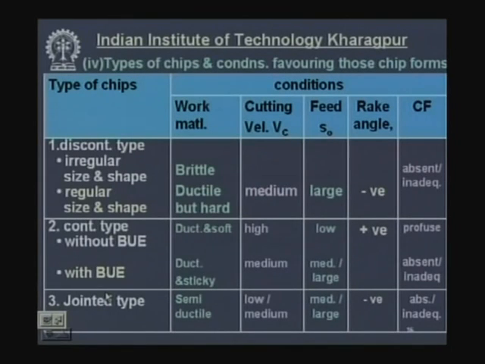Now, you see the types of chips: there are different types of chips formed under different conditions. As I told you, the form and color of the chip is a good indication, directly or indirectly, of whether the machining that is going on is favorable or unfavorable, an acceptable or unacceptable condition.